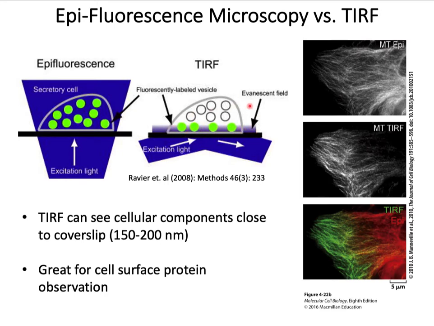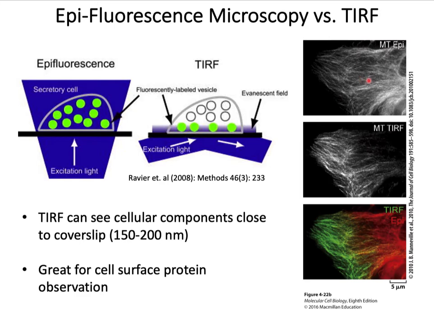The other vesicles will not contribute to the emission spectra as they will not be excited and are excluded from the excitation illumination. On the right-hand side, you can see the cytoskeletal structure of microtubules that are fluorescently labeled.